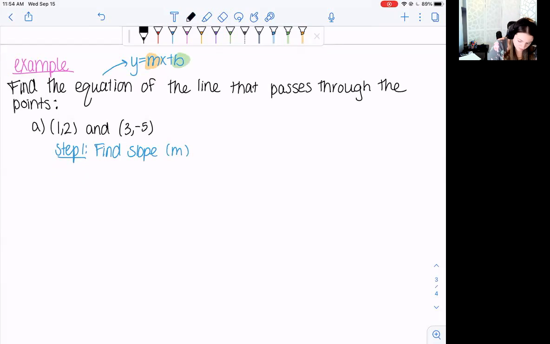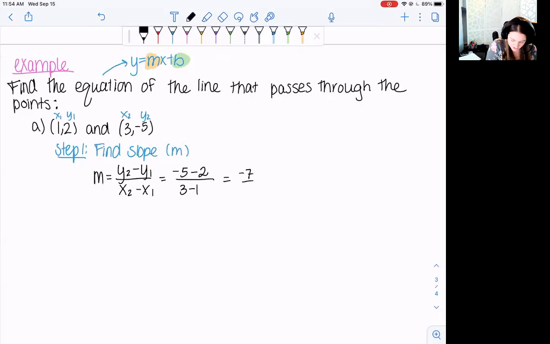So m is equal to y2 minus y1 over x2 minus x1, x1, y1, x2, y2. So we have -5 minus 2 over 3 minus 1. So -7 over 2. That is our slope.